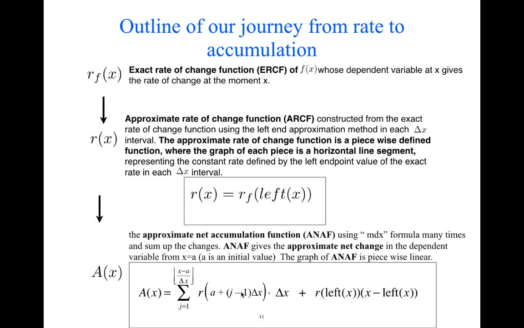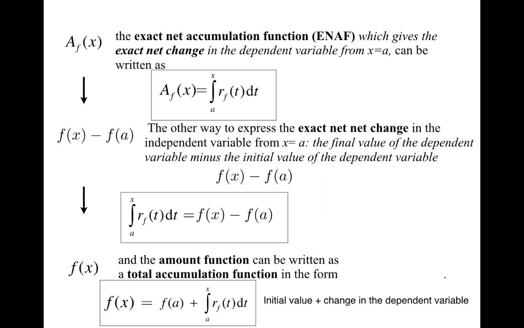This change is calculated many times as bits of changes. All right, so the final value, the exact net accumulation function, how do you get that? When that delta x shrinks to almost zero, never actually zero, but almost zero.